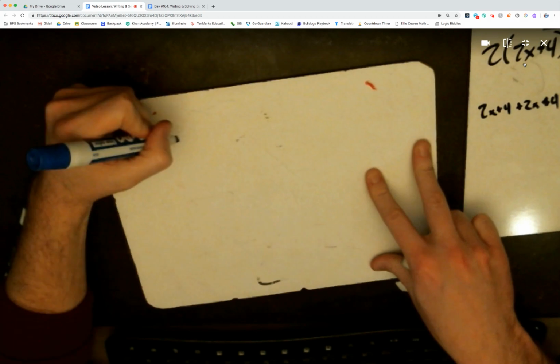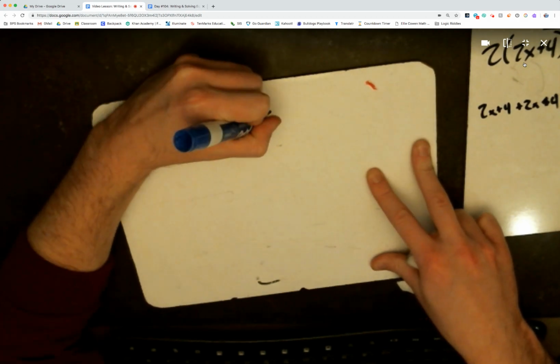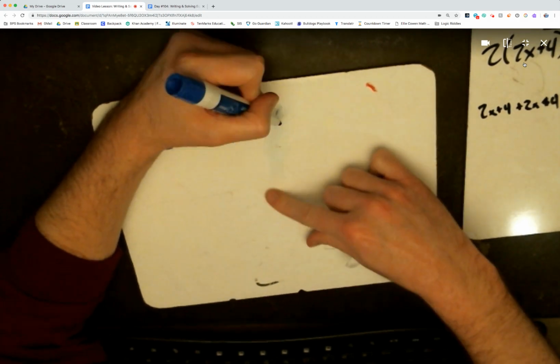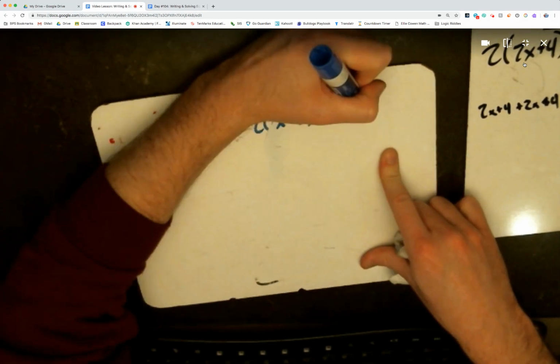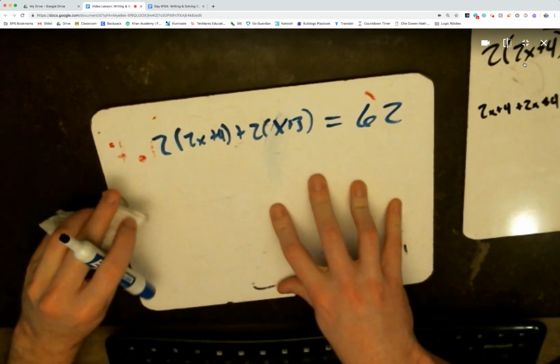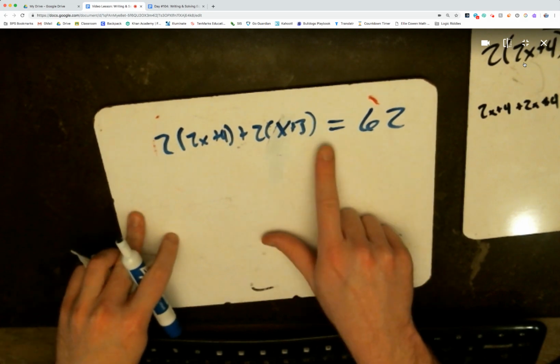So we have 2 times (2x plus 4) plus 2 times (x plus 3) equals the perimeter, which we now know is 62. So I took that expression that could be used to find perimeter. Now that we know it's equal to 62, we could set that whole expression equal to 62.